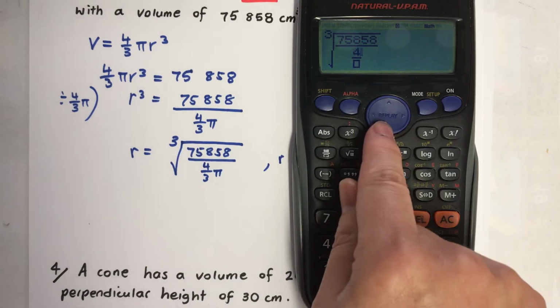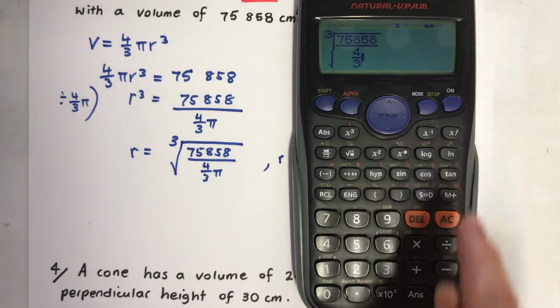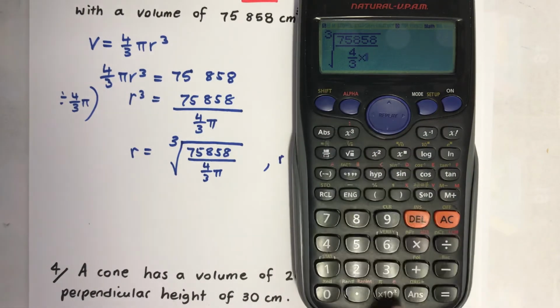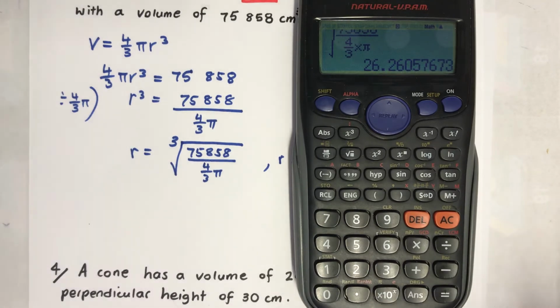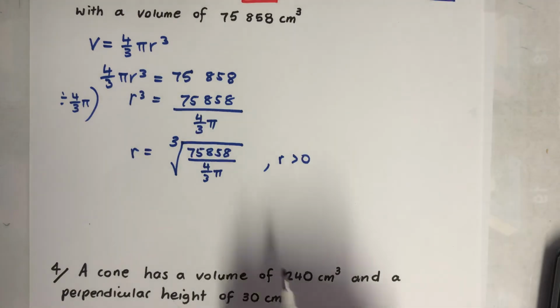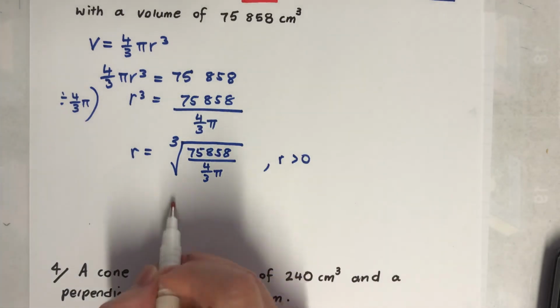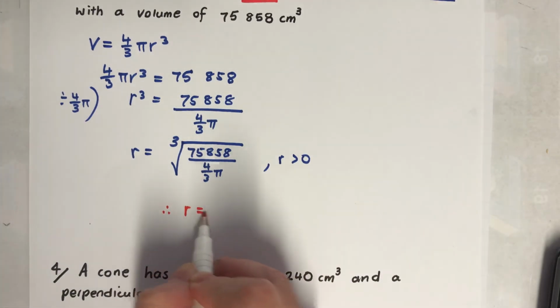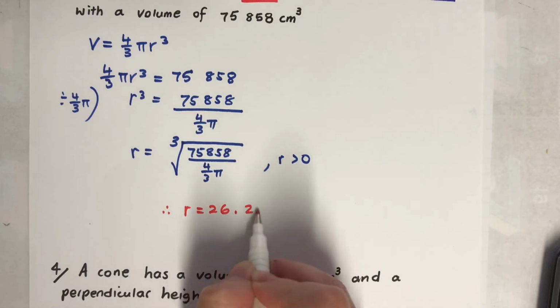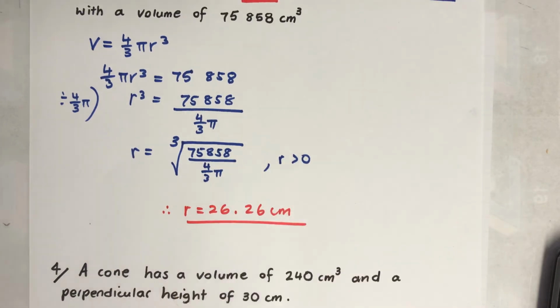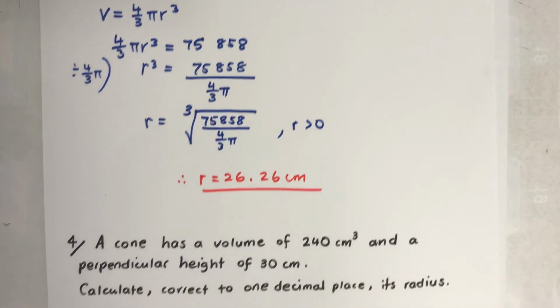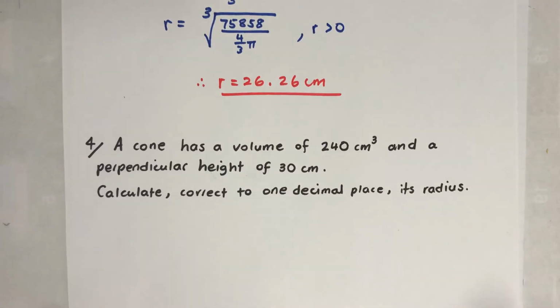So I'm going to go 4/3 times shift, little 10 days to get a pi, and then it equals. And I'll get 26.260 something something something. And I want it to be 2 decimal places. So my answer is, therefore, r equals 26.26 centimeters. That's my answer. Okay, so that's done. Next one.